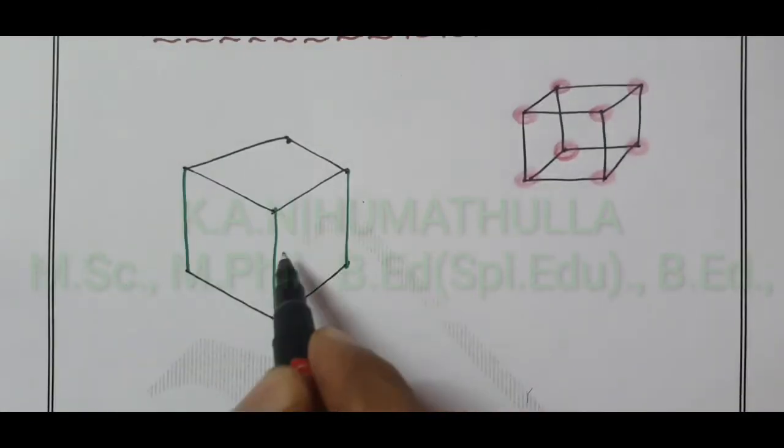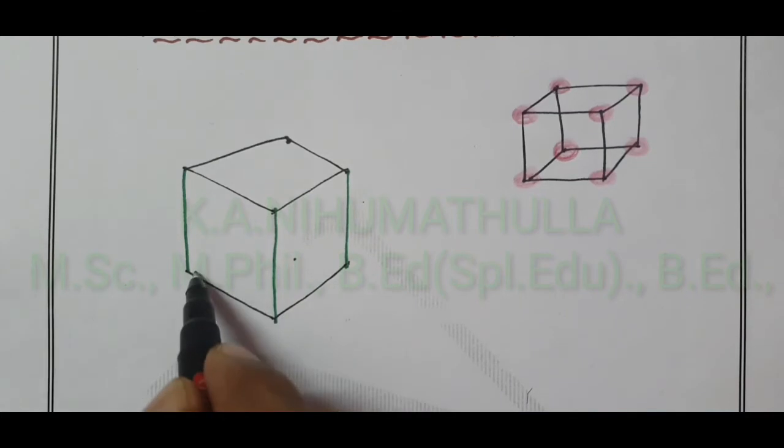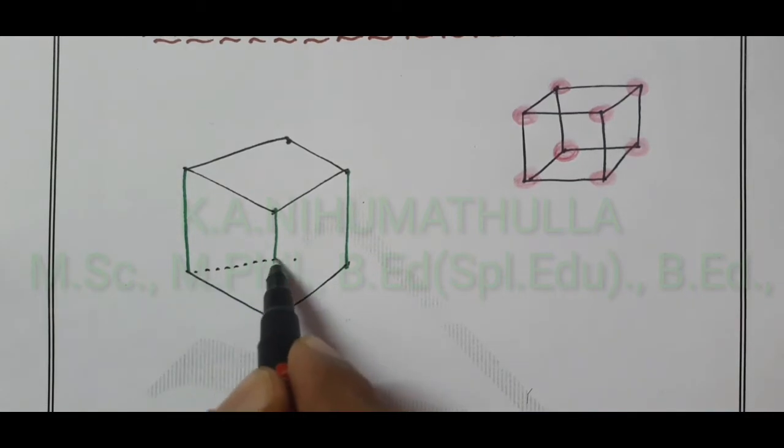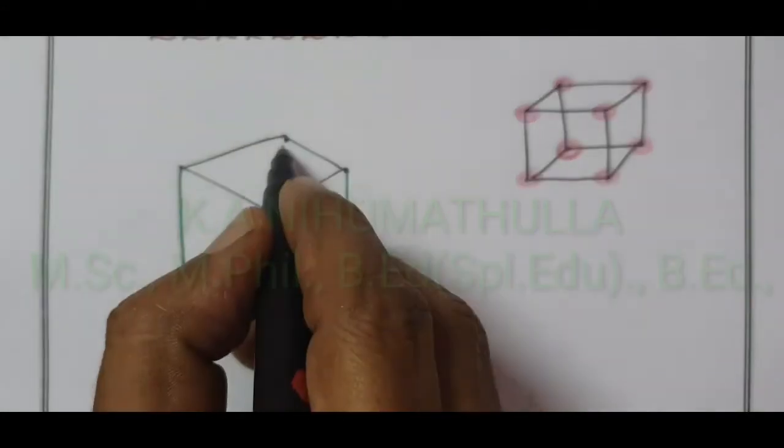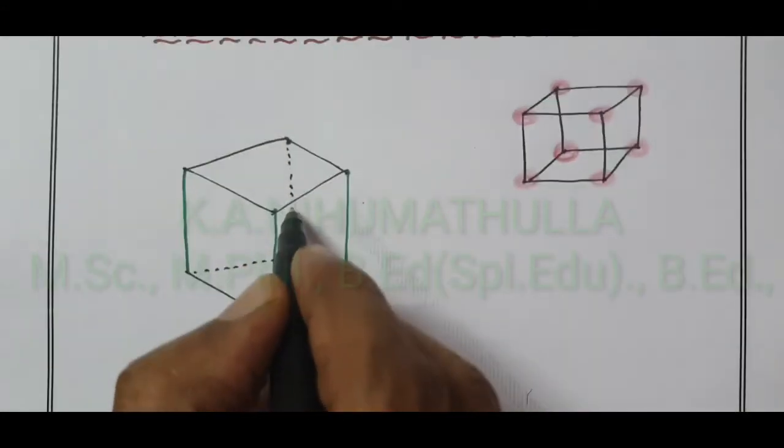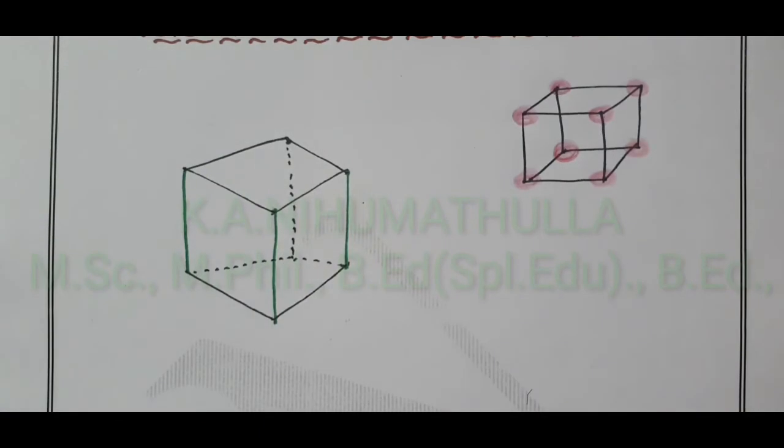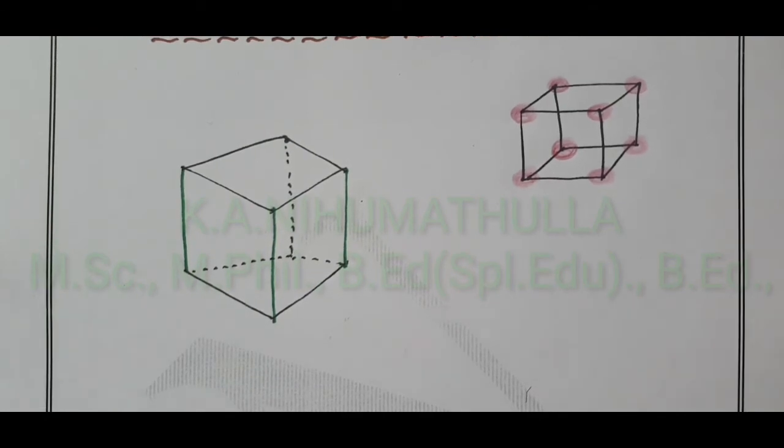Then these corners are joined, indicated by a dotted line. Now I draw only the corner atoms and indicate how they touch each other.